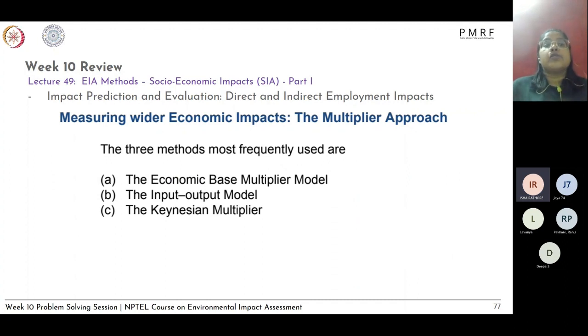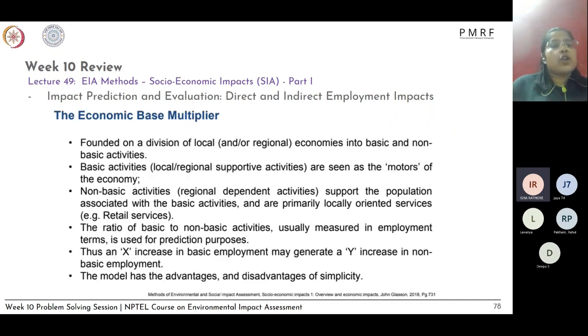And then in terms of measuring the wider economic impacts, we have the multiplier approach. And we use three types of methods. We have the economic base multiplier model, the input-output model, and the Keynesian multiplier. So the economic base multiplier is based on the division of local economies into basic and non-basic activities.